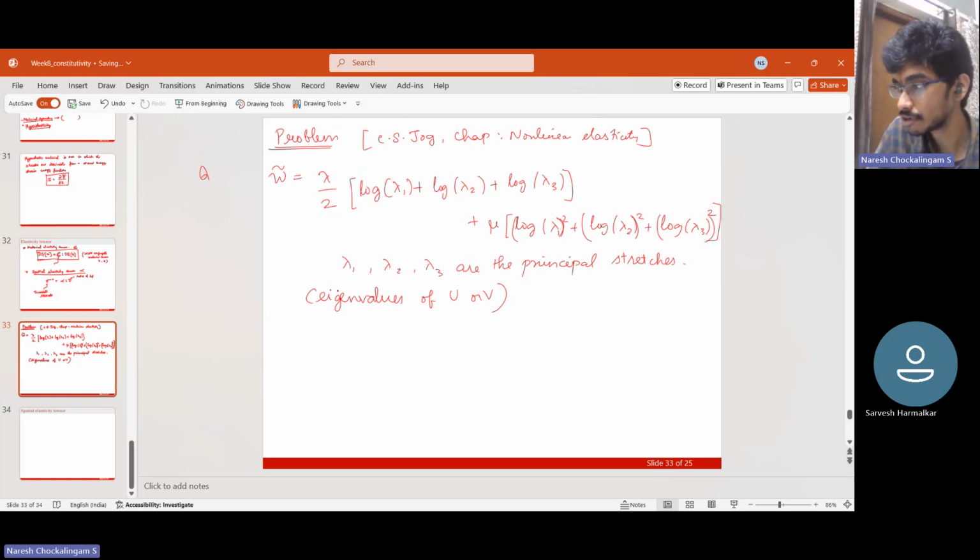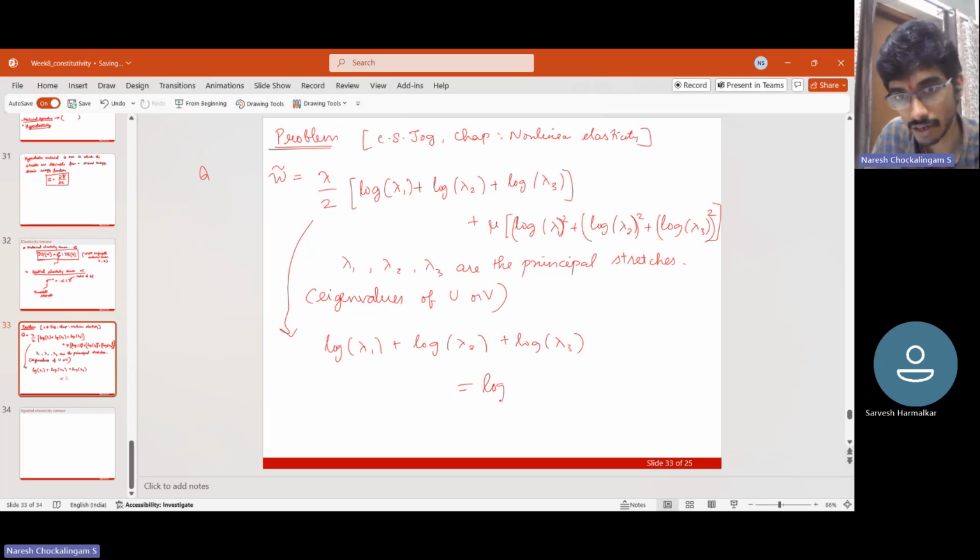Now, can we determine this in another form? So you see that log of lambda 1 plus log of lambda 2 plus log of lambda 3, using the properties of logarithm, is nothing but log of lambda 1 lambda 2 lambda 3. But what is lambda 1 lambda 2 lambda 3?